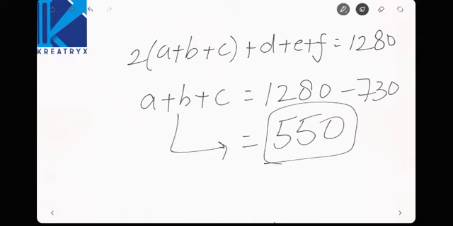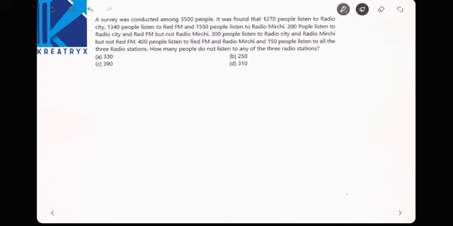Before going to Venn diagram problem solving, observe the theory first keenly and then go to the questions. Right. A survey was conducted among 3,500 people, it seems. So how many variables are there totally? 3 variables are there.